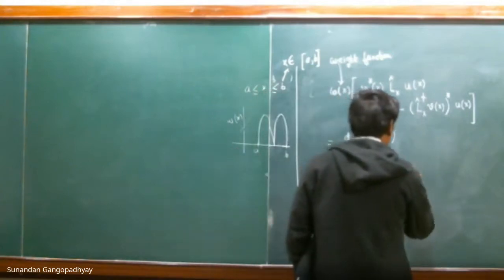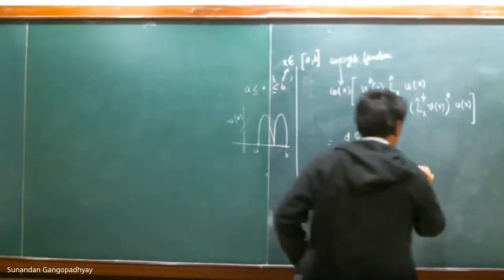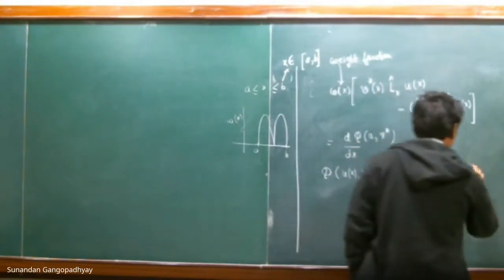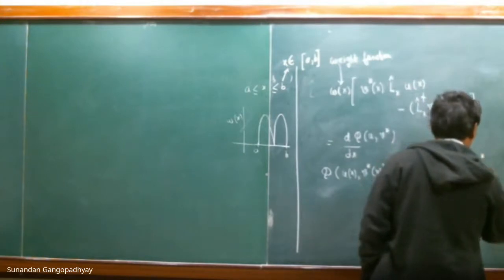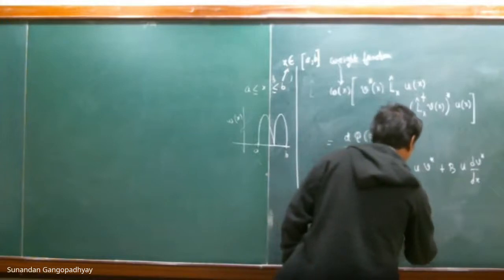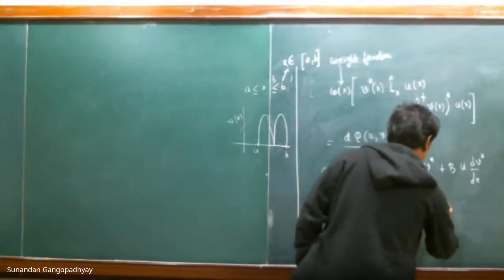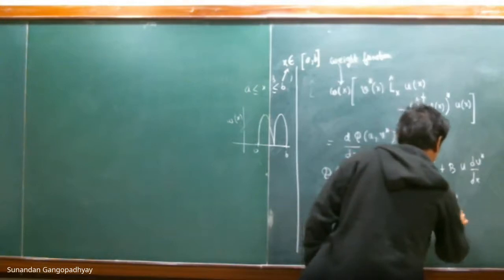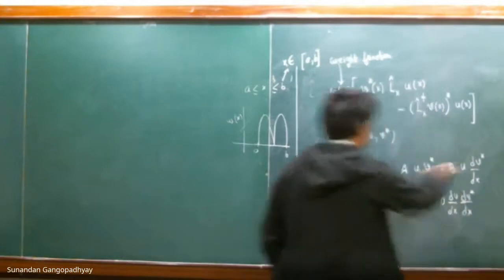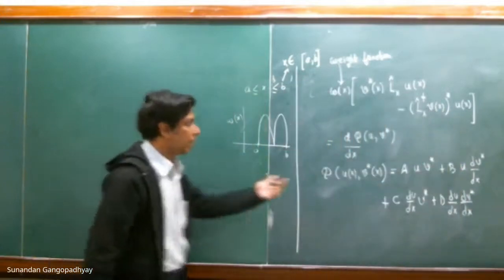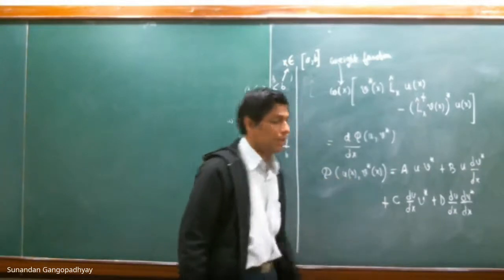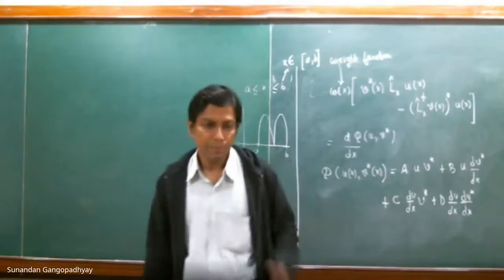So the most general form of this q can be something like this: u v star plus v u dv star dx, plus c du dx v star plus v du dx dv star dx. So this is the most general form of a bilinear q, bilinear in u and v star.